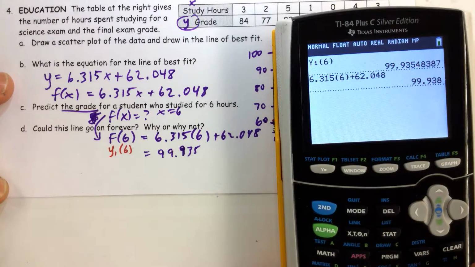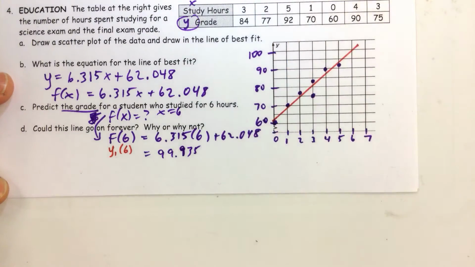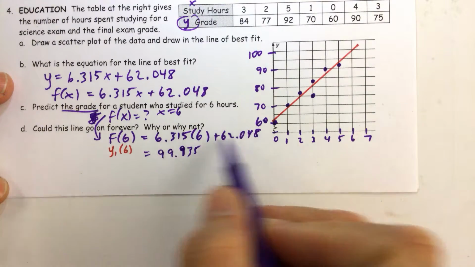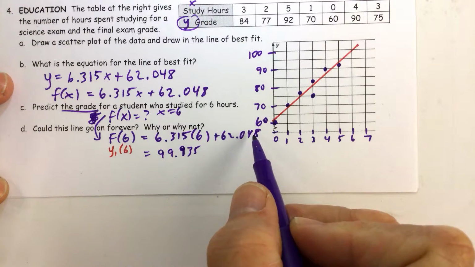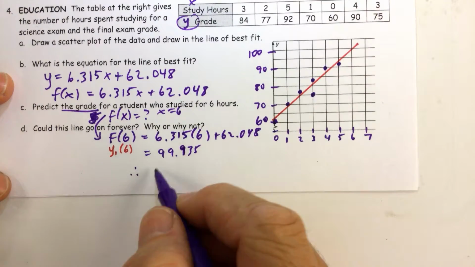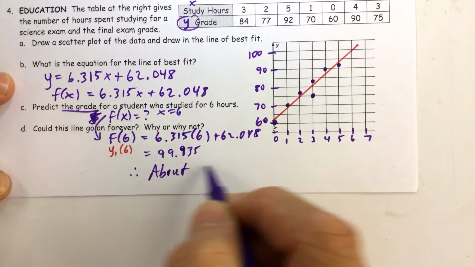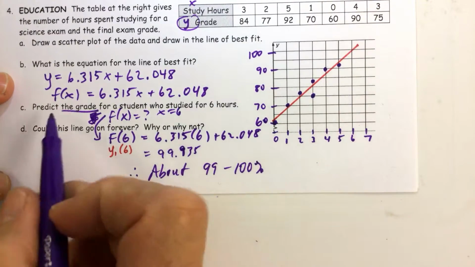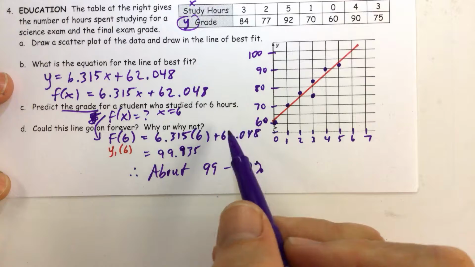Not much, virtually the same thing, but I'm emphasizing that because I want you to use Y1 on the calculator. Use the stored version, don't use the rounded version. And so therefore, about 99 to 100% is what you would expect someone to get who studied for 6 hours.